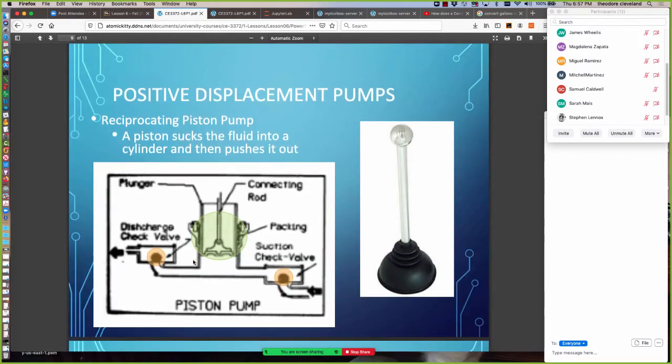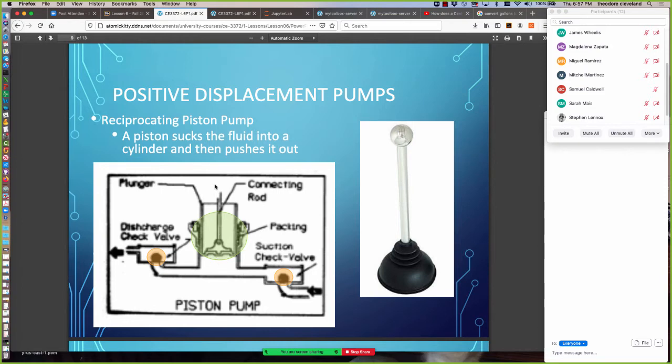And then the last positive displacement pump that I have an example of is a piston pump. So we have a housing called the cylinder, and this piston moves up and down in the cylinder. When the piston moves up, the volume inside the cylinder is increased. That creates a slight suction which pulls this ball valve down into its seat so there can be no backflow, and lifts this ball valve up so that material can enter the now recently vacated volume.